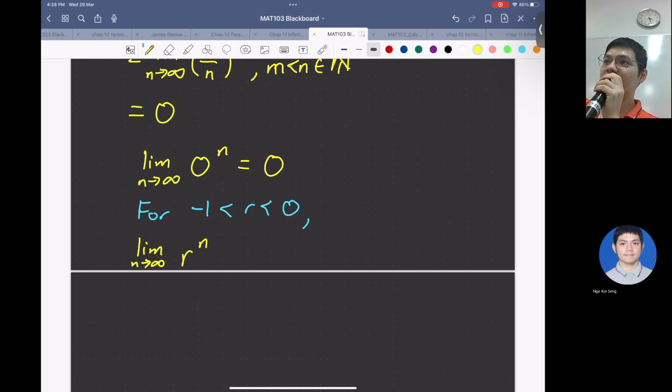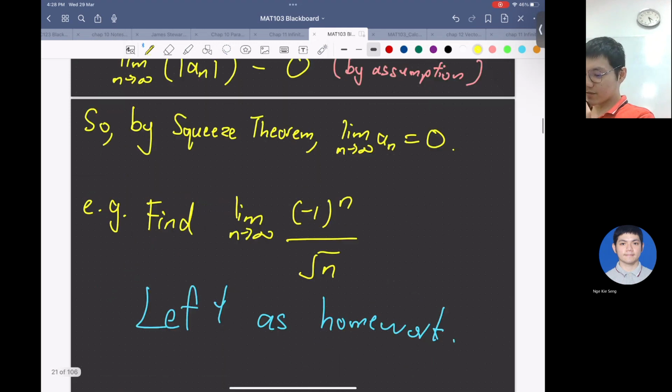So you have an alternating sequence that, if you take the absolute value, converges to 0. How do you show that this alternating sequence converges to 0? Use the example we proved earlier.